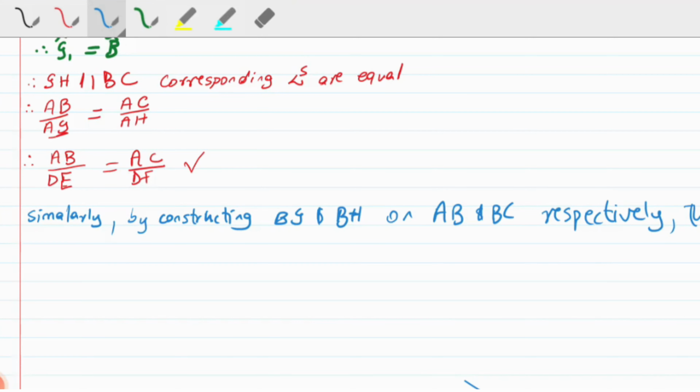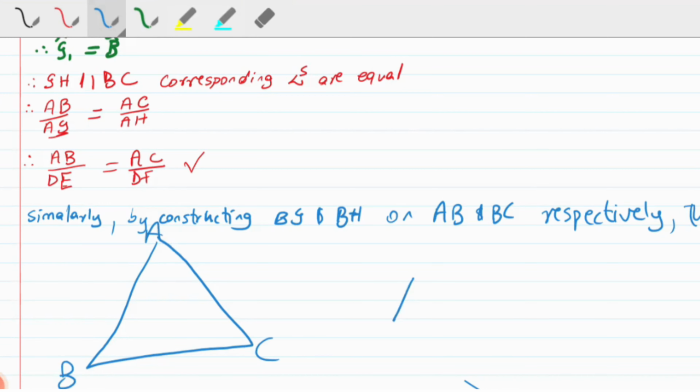Okay, so let's construct. We would still have our triangle ABC and the corresponding triangle DEF. Same story, A is equal to D, B equal to E, C equal to F. They are still given, but now our construction is focused here.